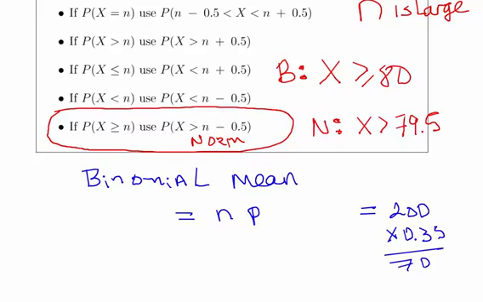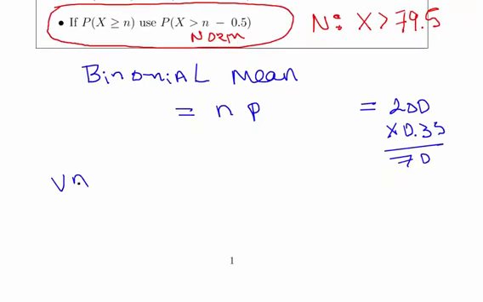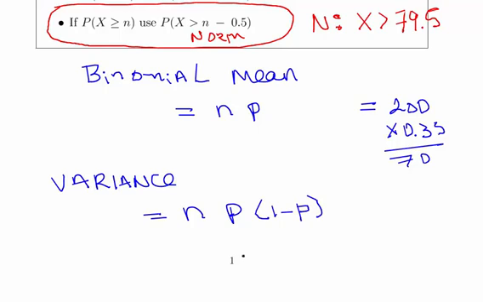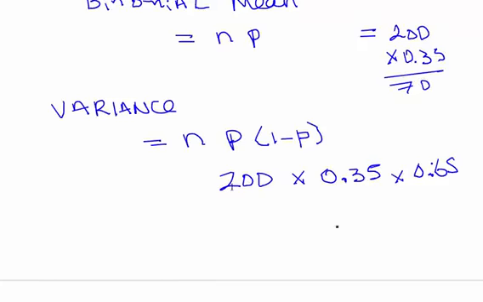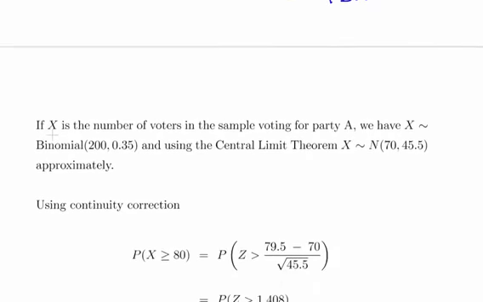And the binomial variance is n times p times 1 minus p. Sometimes people write that as q. So that is 200 by 0.35 by 0.65, and that should equal 45.5. Okay, so that's it. That's just how we do those calculations there.